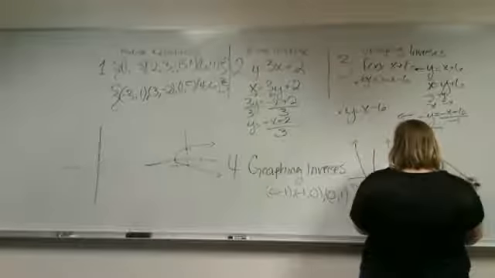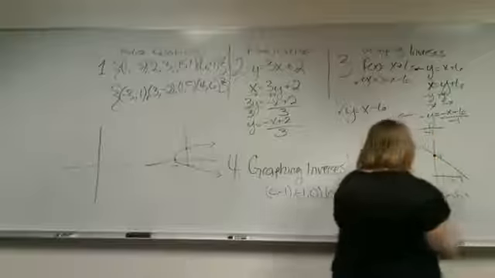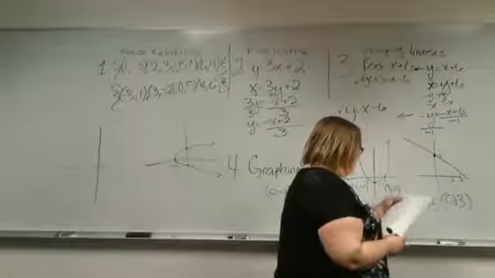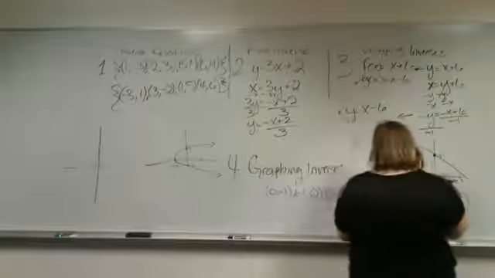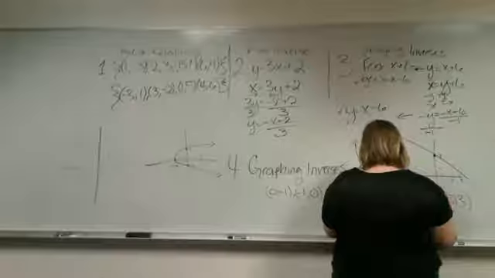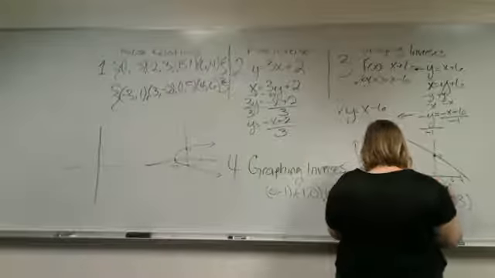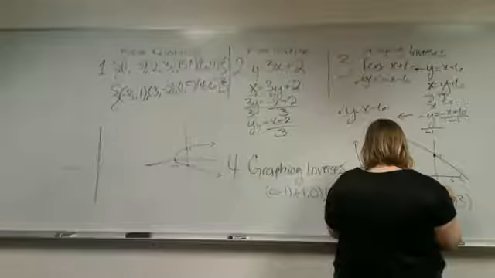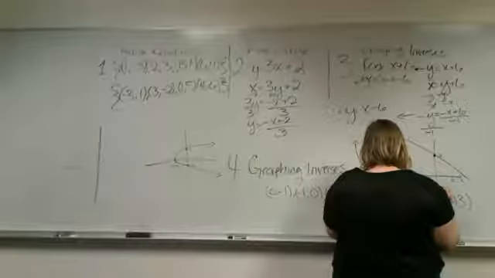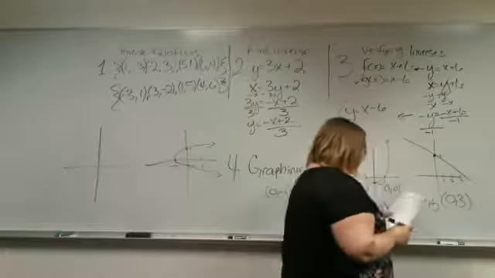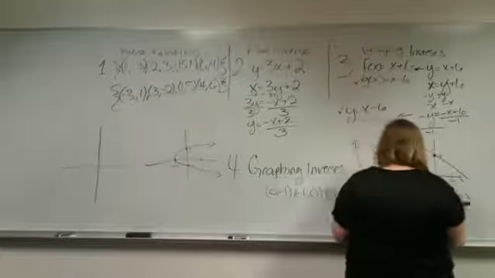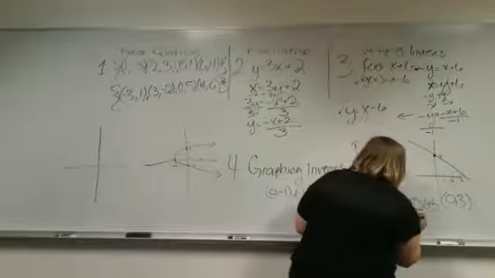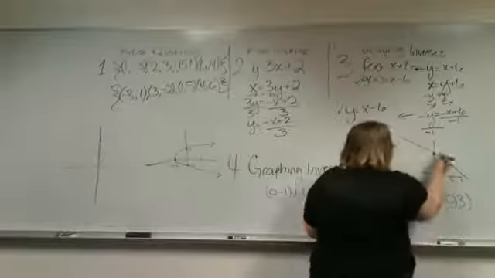It doesn't give me the x-intercept, so we're not going to worry about the x-intercept, but it does have a slope of -2. Sorry, -1/2. So our m value is -1/2, and our y-intercept is 3.